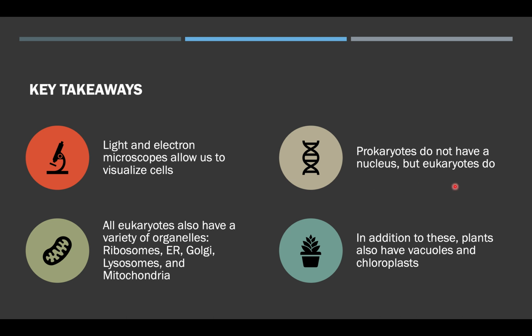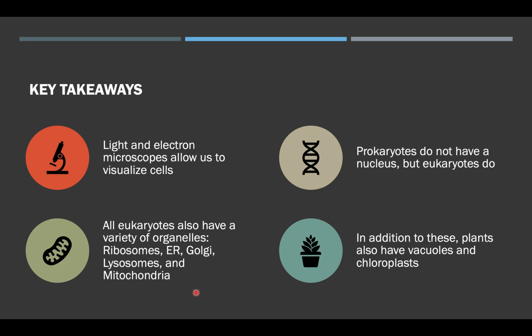Next, prokaryotes do not have a nucleus, but eukaryotes do. That's one of the main, big differences between our bacteria and archaea, our prokaryotes, and our eukaryote cells, so our plant, animal, and fungi cells. Prokaryotes don't have a membrane-bound nucleus, but eukaryotes do. So they have a very specific place where DNA and genetic material are stored.